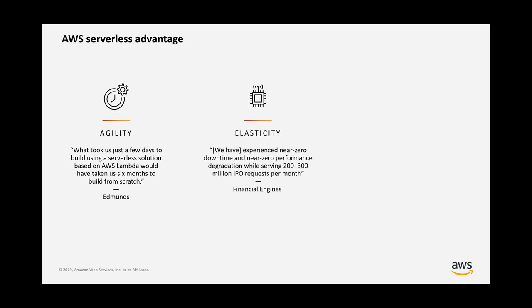Elasticity. The Financial Engines, which is another company, also experienced near zero downtime and near zero performance degradation while serving 200 to 300 million IPO requests per month. One of the key advantages we see for serverless is its elasticity, because you don't have to guess your capacity, as AWS always says.